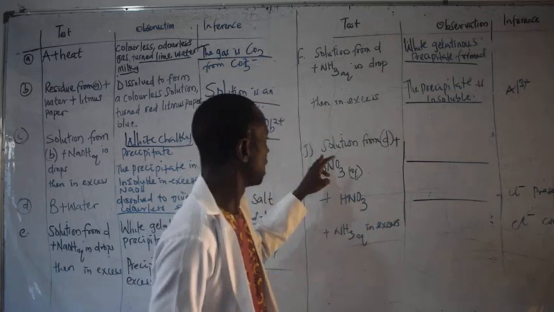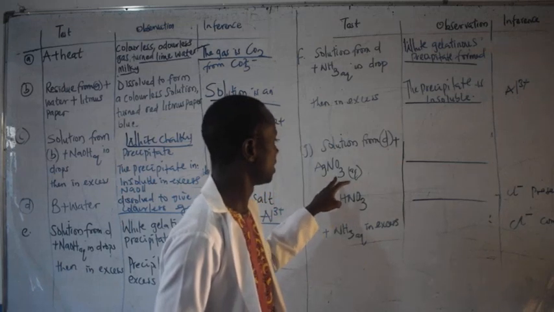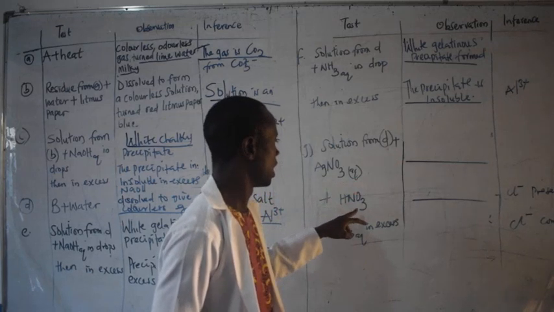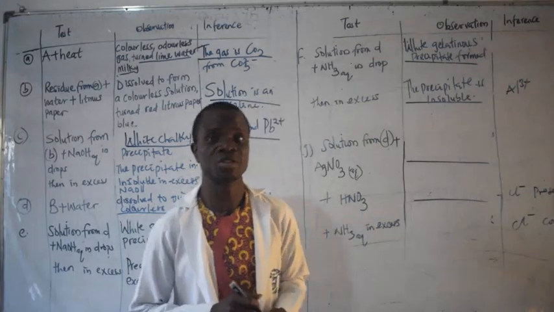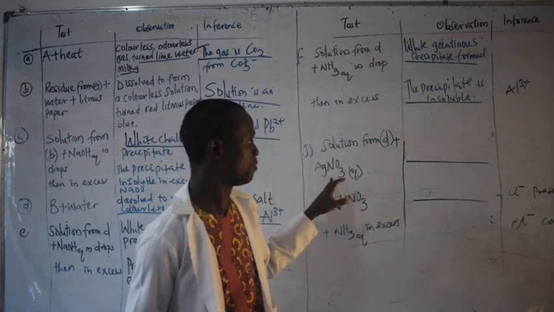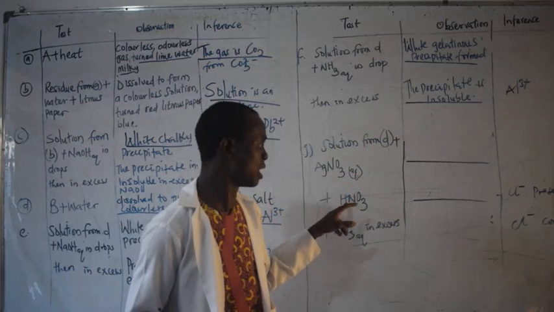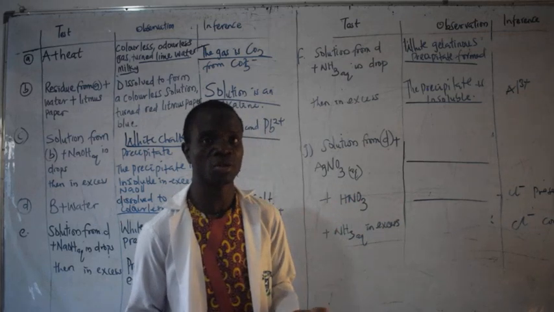Now the last one, solution from D plus silver nitrate plus HNO3. I used to tell my students that there are some reagents that are peculiar to some ions. For example, if silver nitrate and HNO3 are coupled together, what we are looking for is chloride ion.